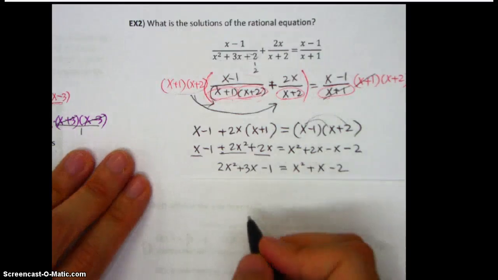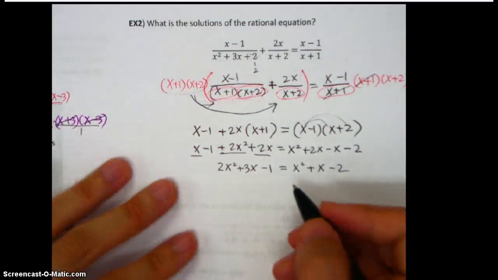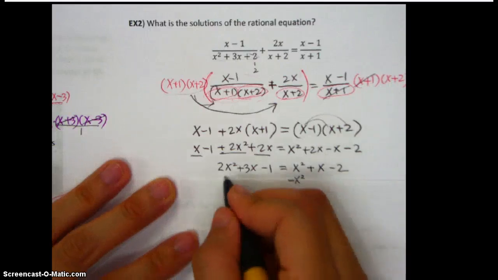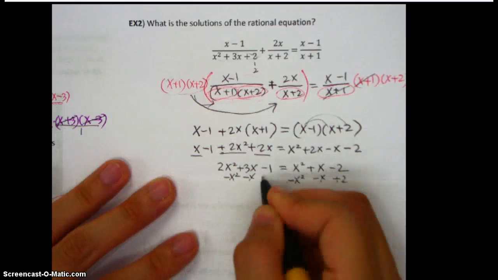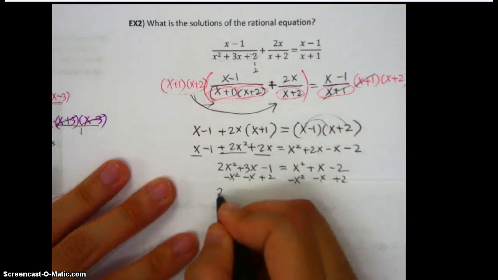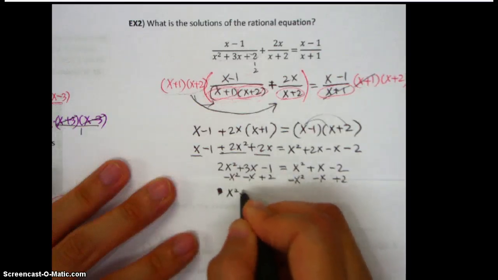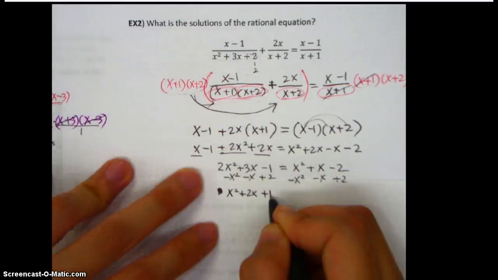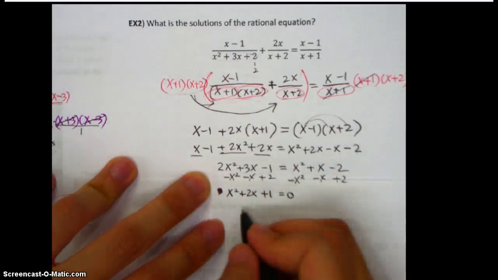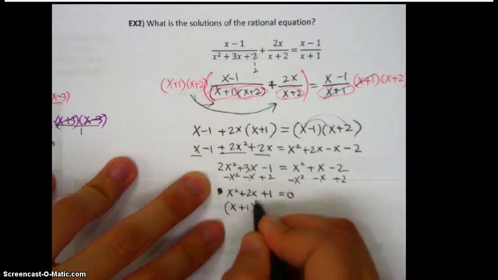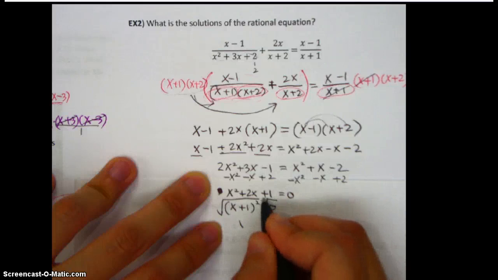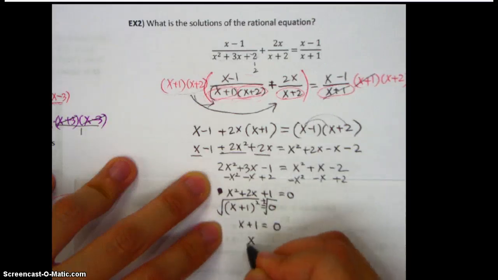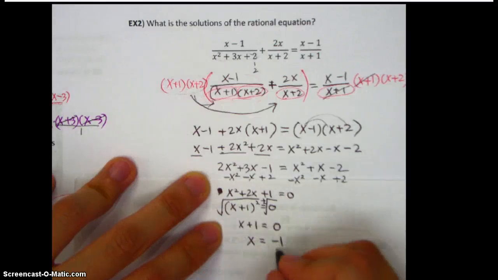Now I can set one side equal to 0. So I'm going to subtract x squared, and then I'm also going to subtract x, and then I'm going to add 2. That gives us x squared plus 2x plus 1 is equal to 0. Now I can just factor that to x plus 1 squared, and we can square root both sides with plus and minus, and x plus 1 is going to be the square root of 0, which is 0. x will end up being negative 1.